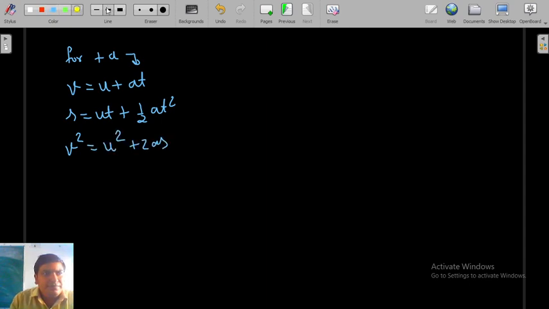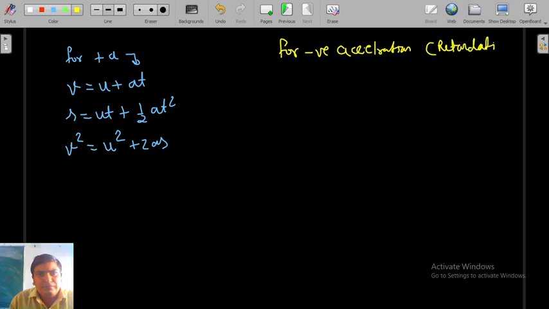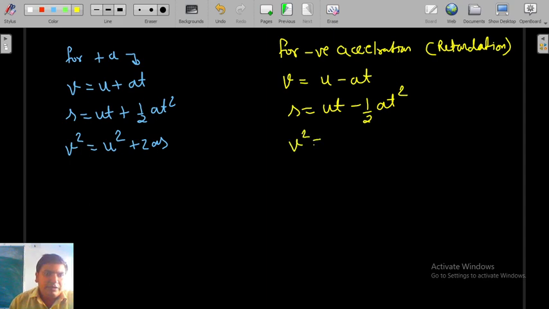And for negative acceleration, that is a retardation, we have v equals to u minus at, s equals to ut minus half at square, and v square equals to u square minus 2as.